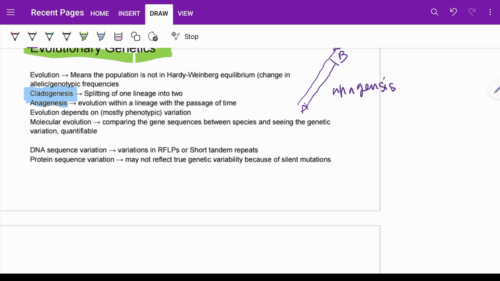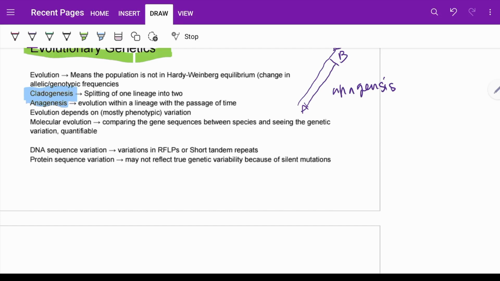Evolution mainly depends on phenotypic variation, because evolution is based heavily on natural selection, and the phenotype will determine if the individual is more successful in reproducing or not. If you reproduce, then your genetics are passed on, and therefore the population slowly shifts towards that genotype if it's reproductively advantageous.